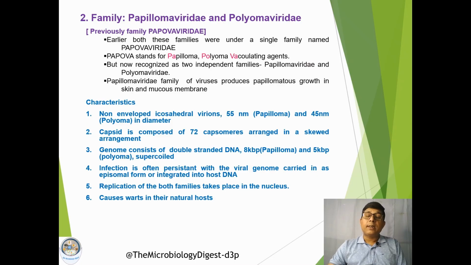The genome is double-stranded DNA. They are able to produce persistent infection. Replication occurs in the nucleus for both the families. Properties are almost similar, only the size of the virus is different as well as the viral genome is different.